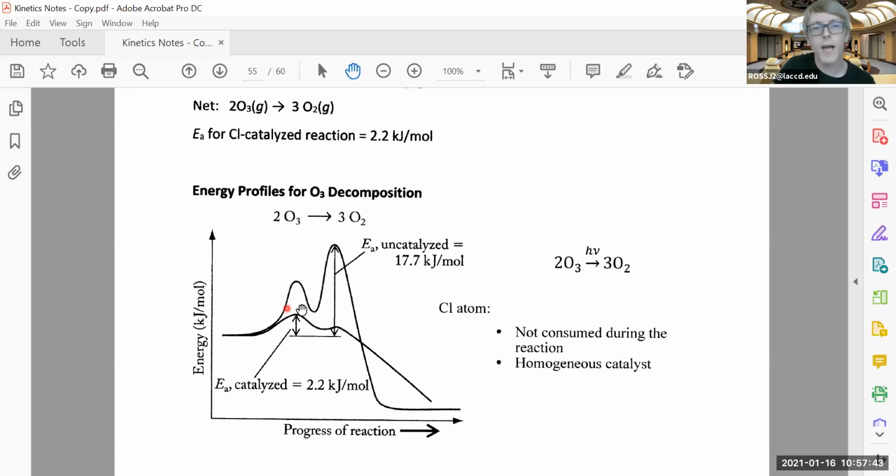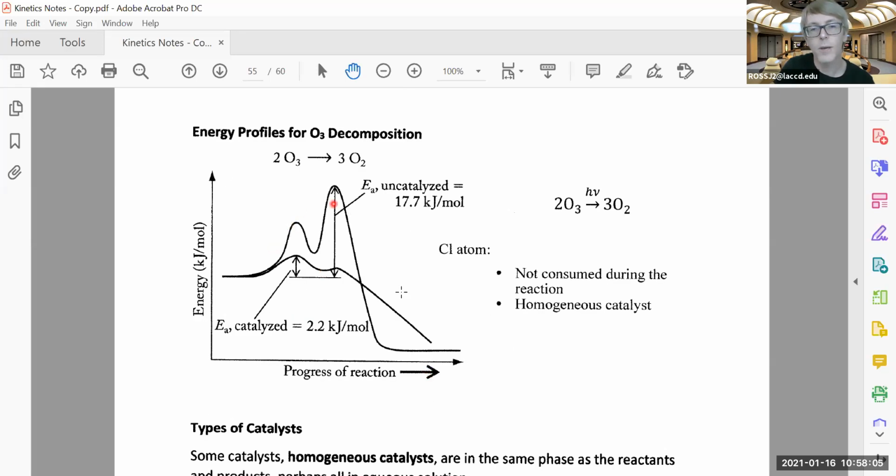Now notably here, the activation energy is not just the first one, it's the highest one. So we've gone from 17.7 uncatalyzed down to 2.2 with the presence of a catalyst, and obviously this process is going to dominate.